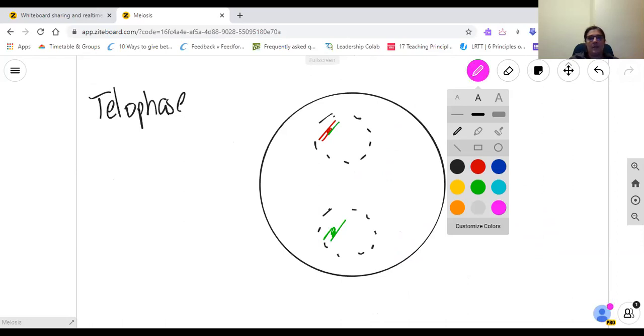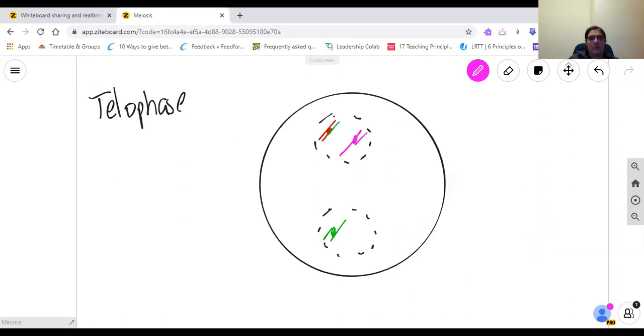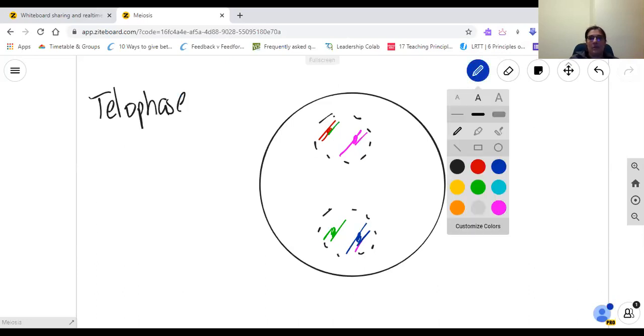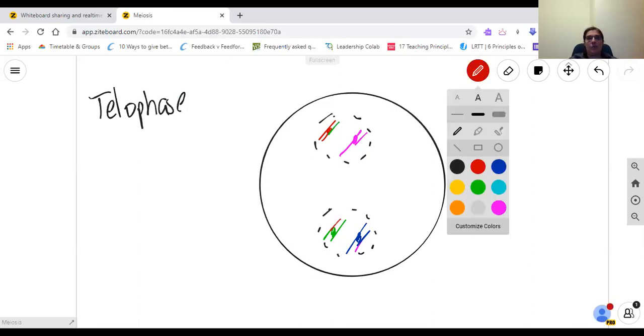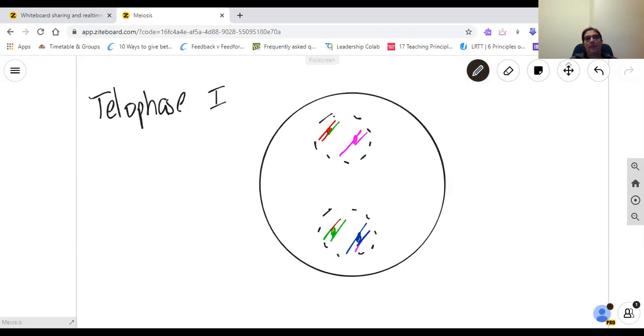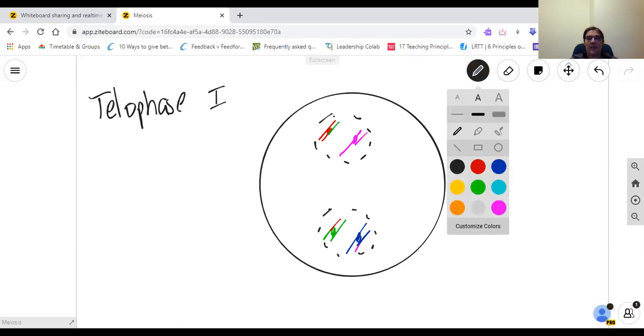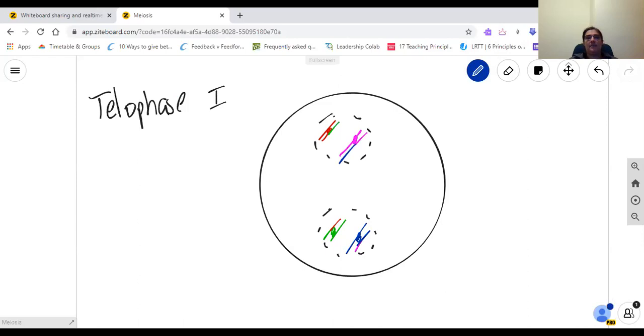Like so. Okay, and that's telophase one specifically. So you've got new nuclear membrane forming around just the chromosomes that have been taken to opposite ends.